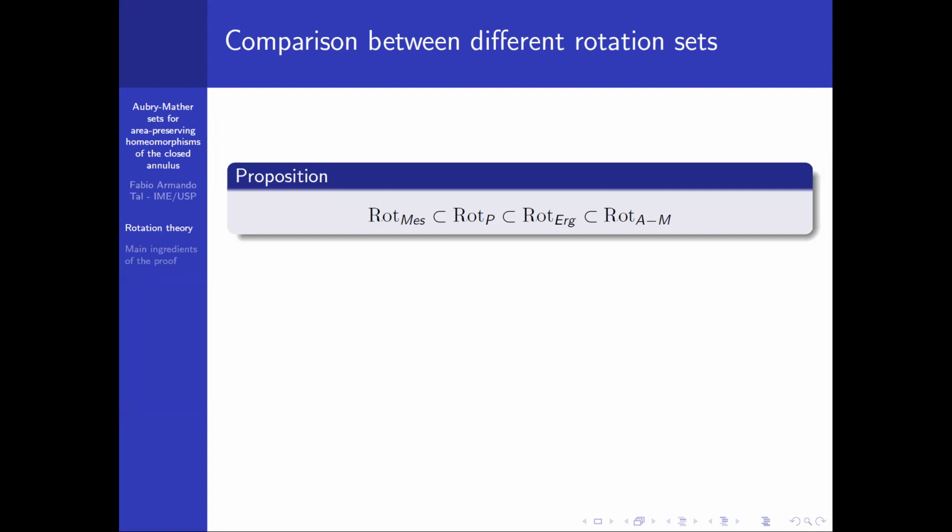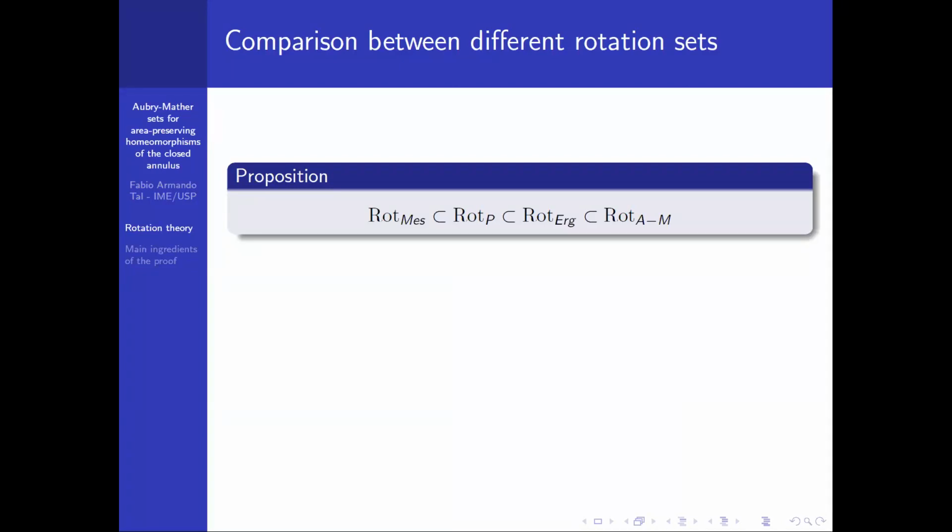Sorry. And if you have a point that has a rotation number, just take the typical limit, the Krylov-Bogolyubov process. You find a measure which has the same rotation number. So the rotation numbers of points are always rotation numbers of measures.